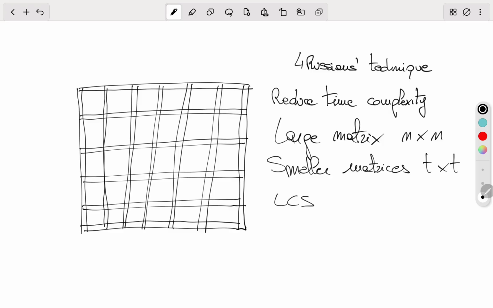What is the main idea? If the value of t is sufficiently small, the matrices are not too many. I cannot have too many distinct, different t by t matrices.